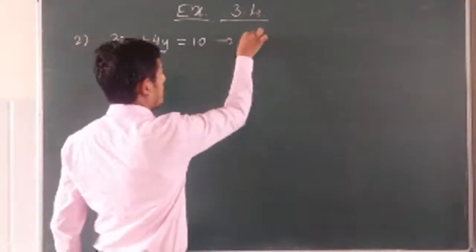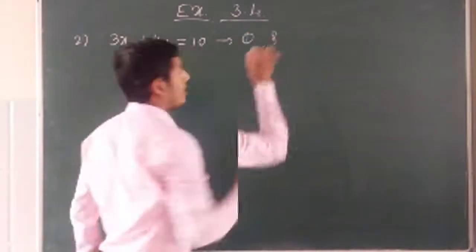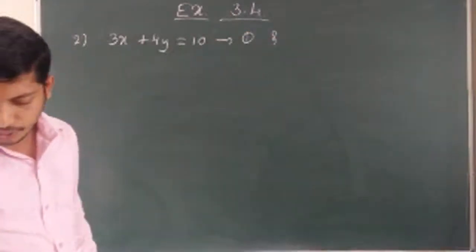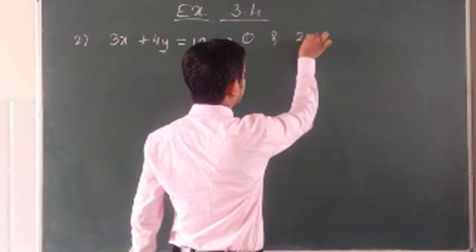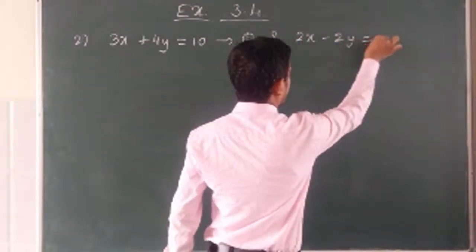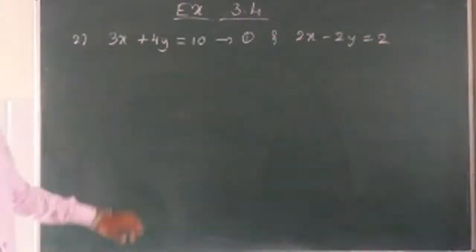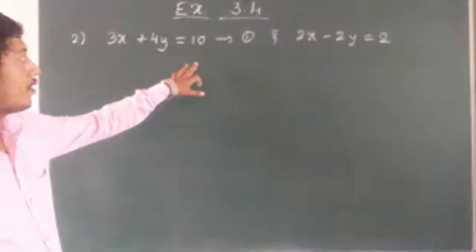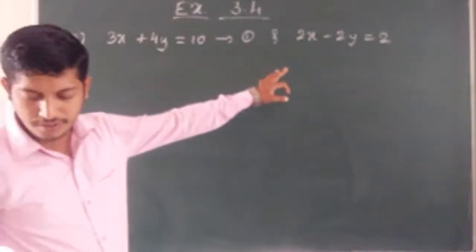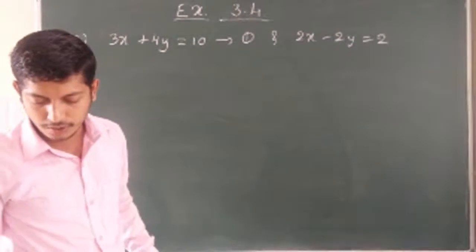So I will call this equation number 1. And the second equation is 2x minus 2y equals 2. First equation is 3x plus 4y equals 10, and second equation is 2x minus 2y equals 2.